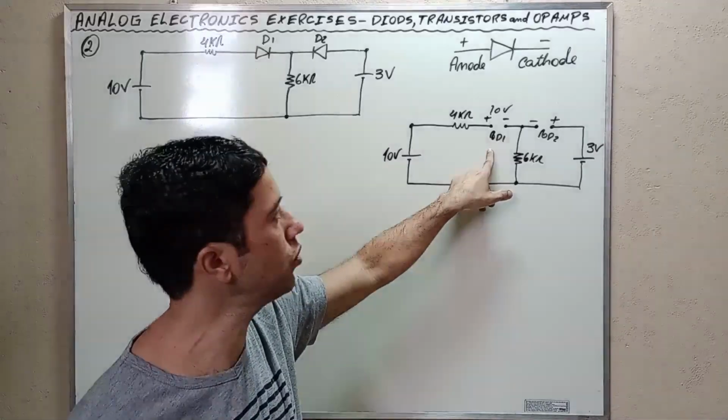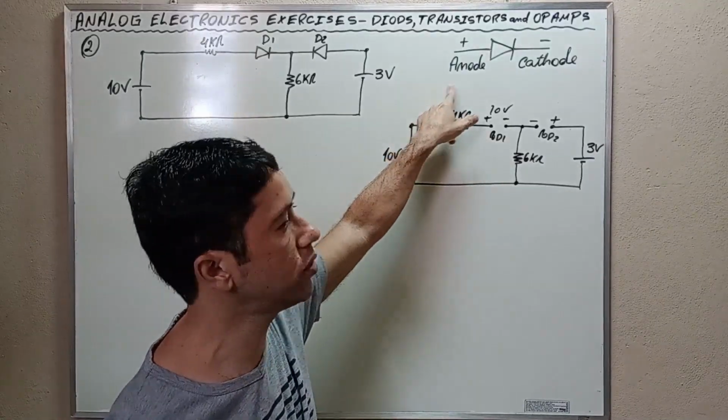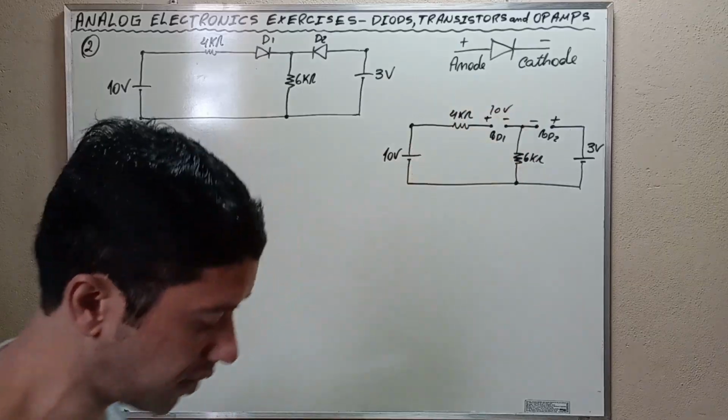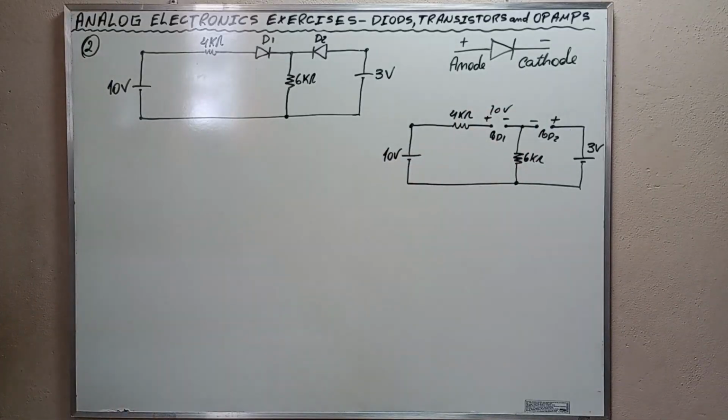It has to be conducting because the anode is higher in potential than its cathode. Which contradicts the assumption that D1 is off, for when VD1 is 10 volts, the anode is higher in potential than the cathode, which is the very condition for conduction. Upon discovering that D1 is on, we return to the second situation of exercise 1.